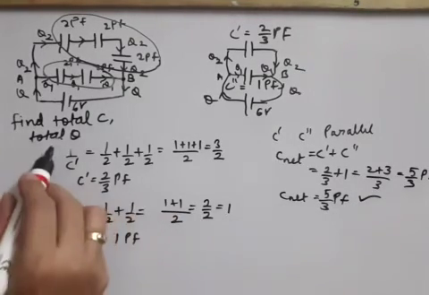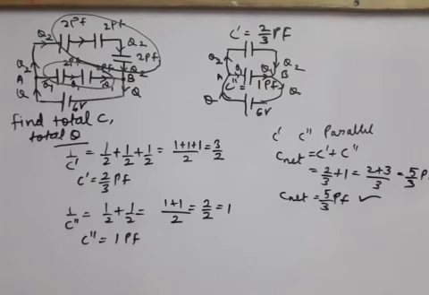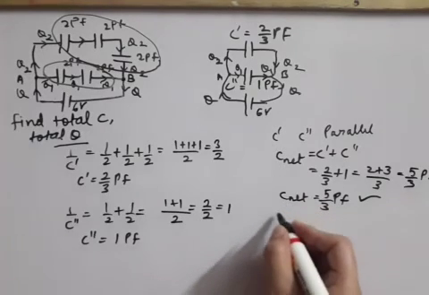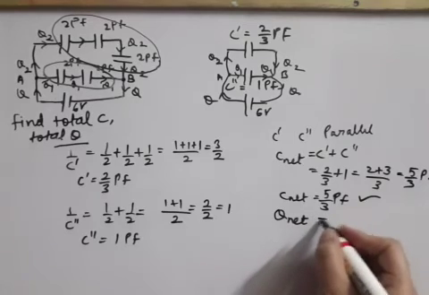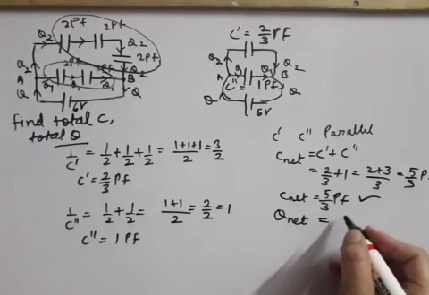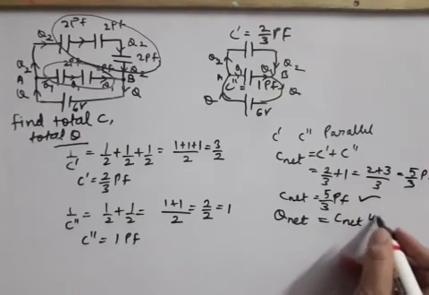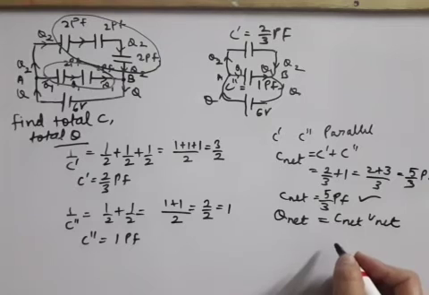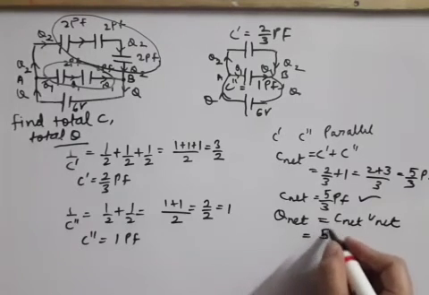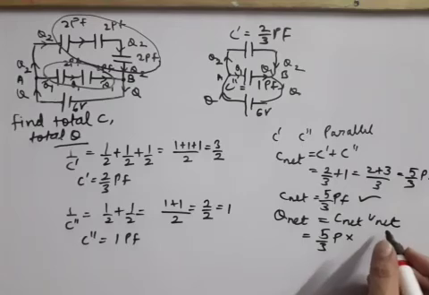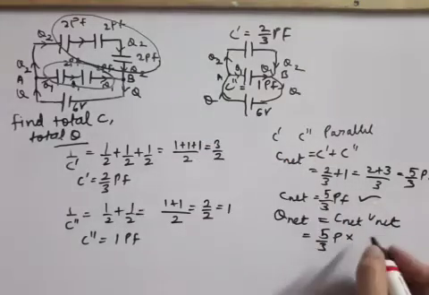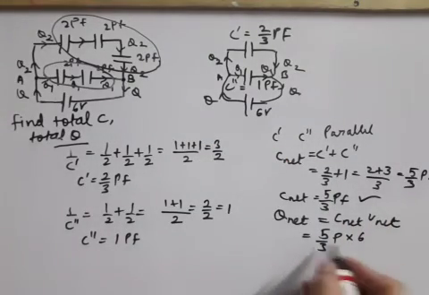Now second question is that we have to calculate the total charge also. So total charge or Q net formula is Q equal to CV. So C net and V net. C net answer is obtained 5/3 pico, and total voltage of the circuit is 6. We will place it here.